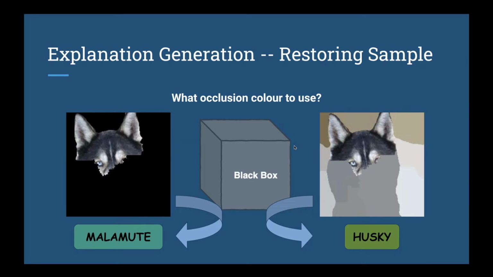And this means that choosing a color is actually quite important because it can provide you with different explanations. And I'll have a short demo in a moment where I'll show you this effect.